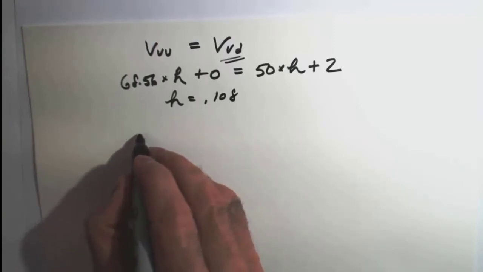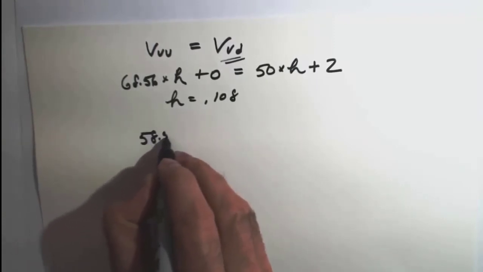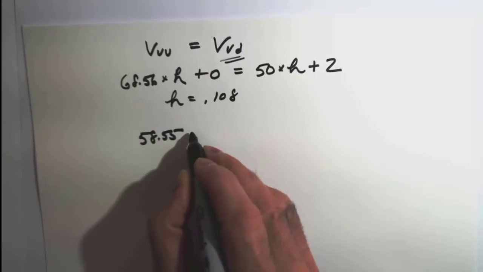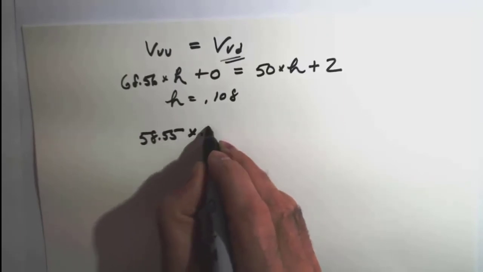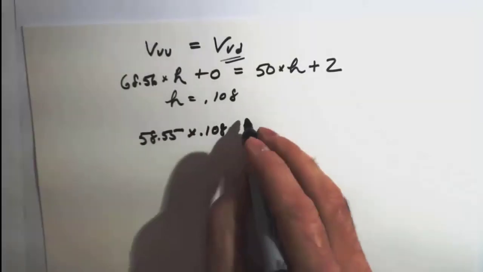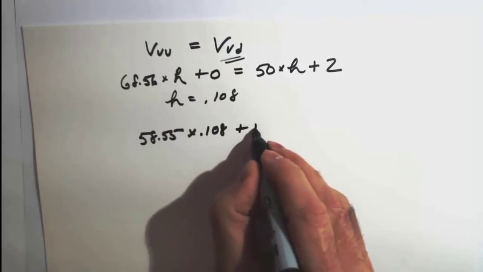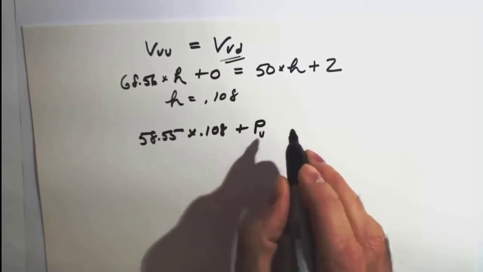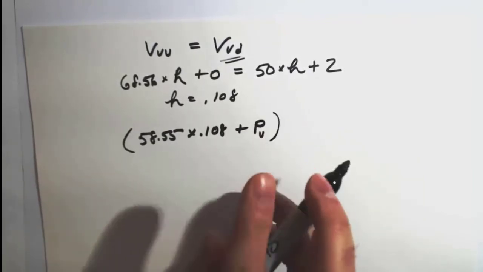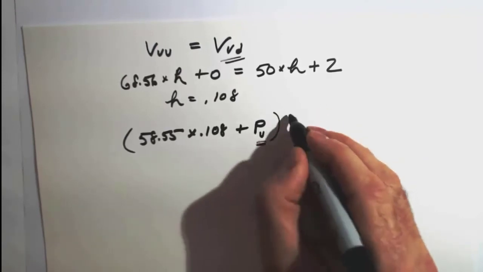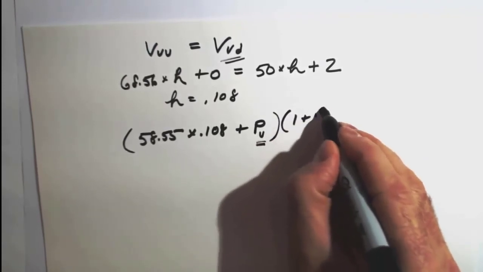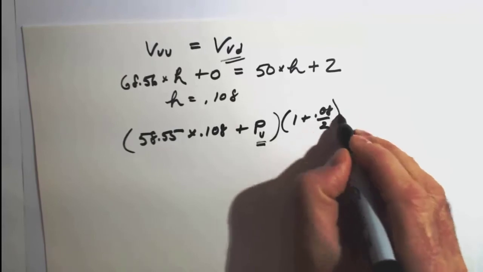So we're going to take the 58.55, the value of the stock price on the upside, multiply it by the 0.108, the hedge ratio, plus PU. That's what we're solving for.